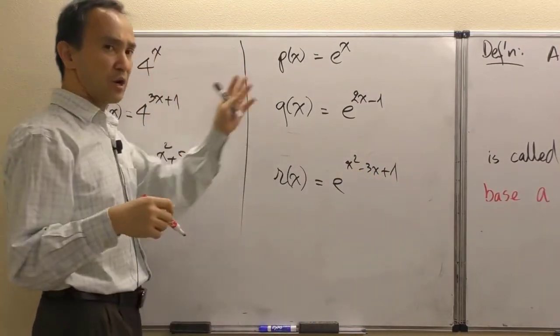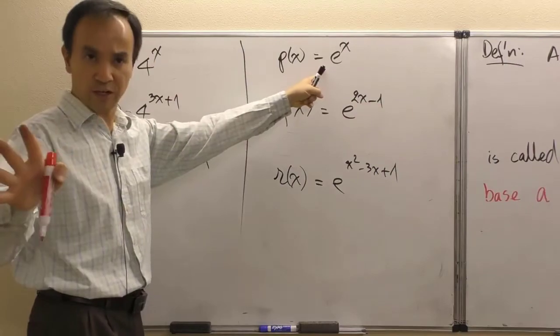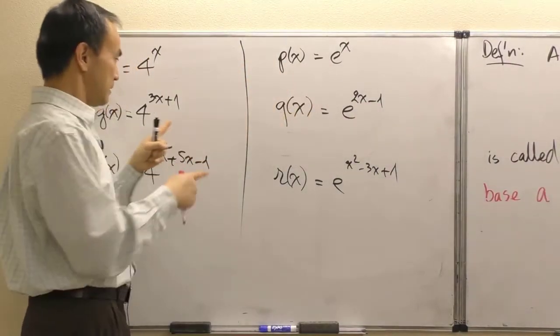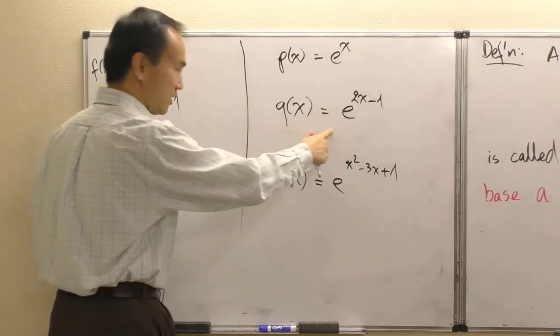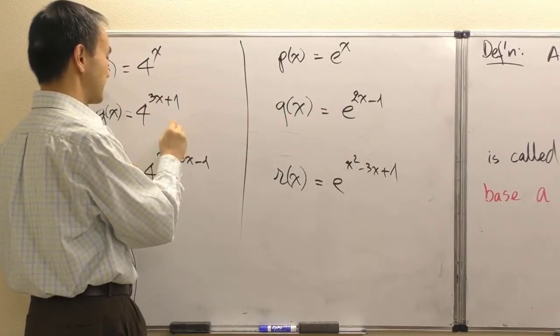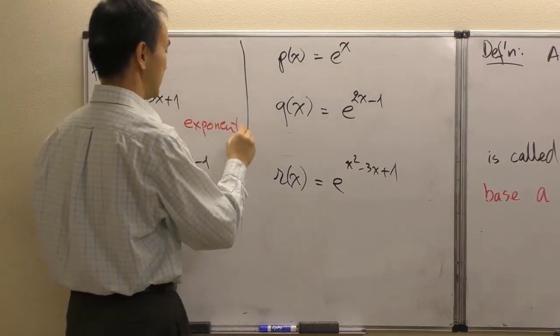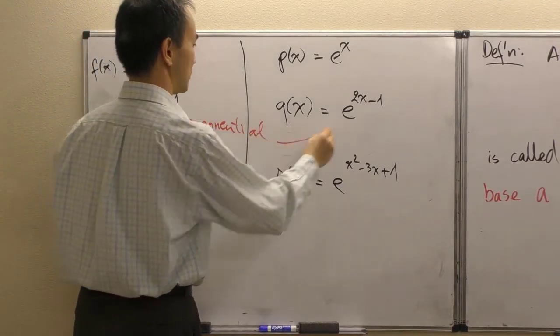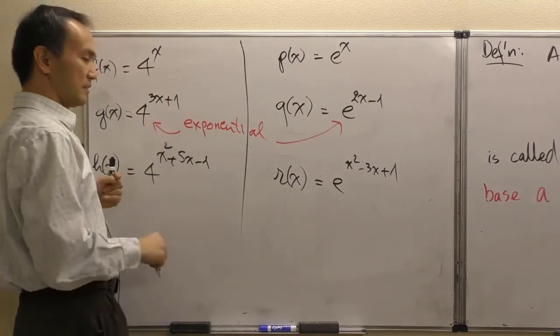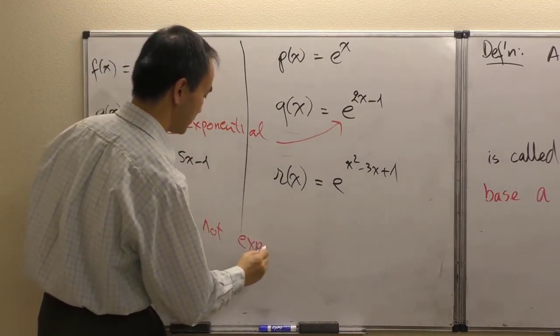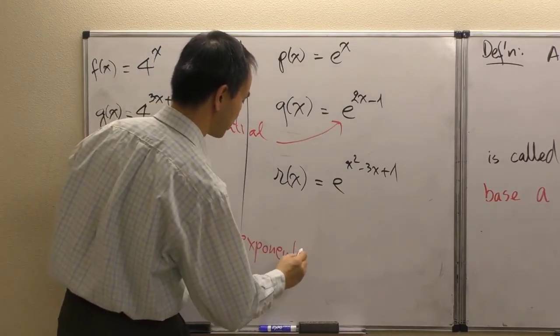But then some of those, for these they are strictly and definitely exponential functions, as we already know. But these we just now learned that they are exponential as well. Okay, exponential for this one and that one. But then these two are not exponential.